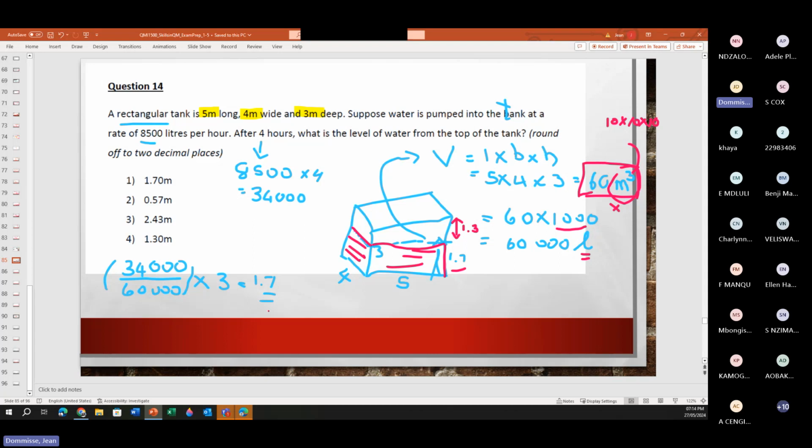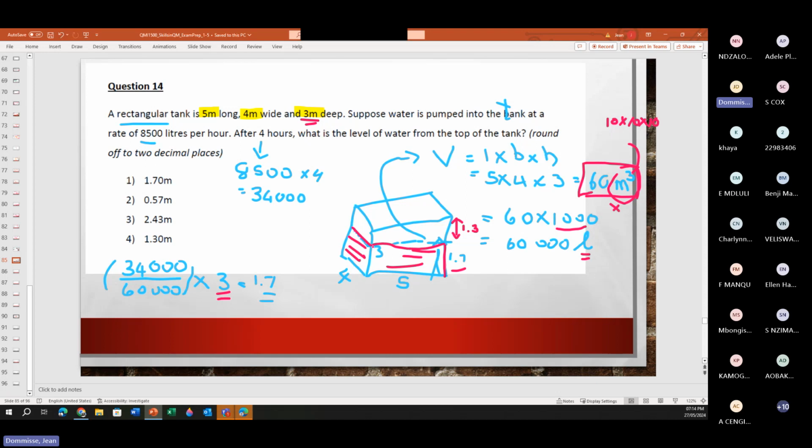Then why do we multiply by 3? Because they ask us that we need to check on that depth level. We know that the total depth is 3 meters. So that's why I multiplied by 3, to say how far it is on that 3 meter line.